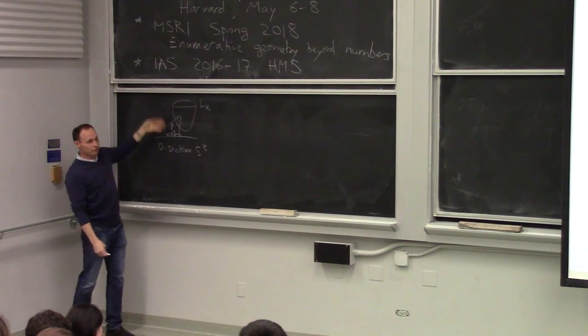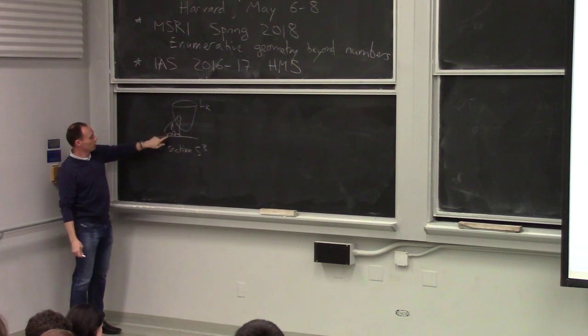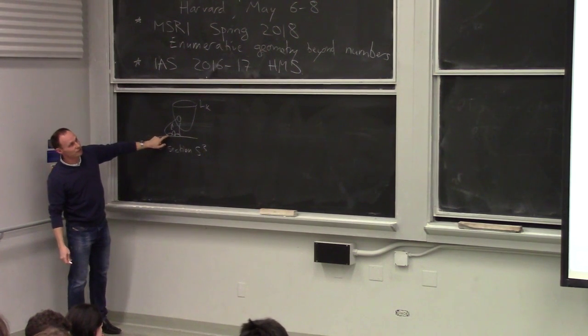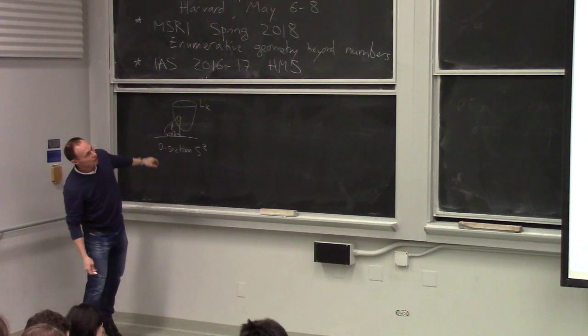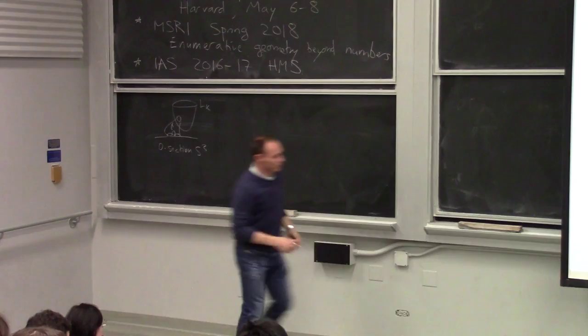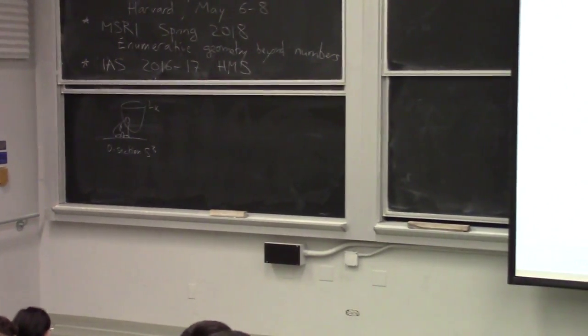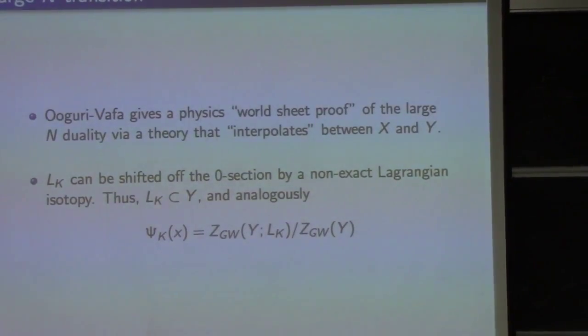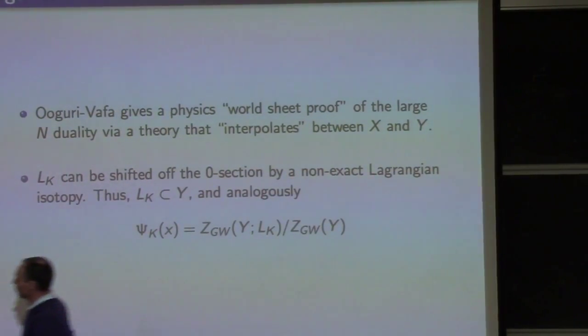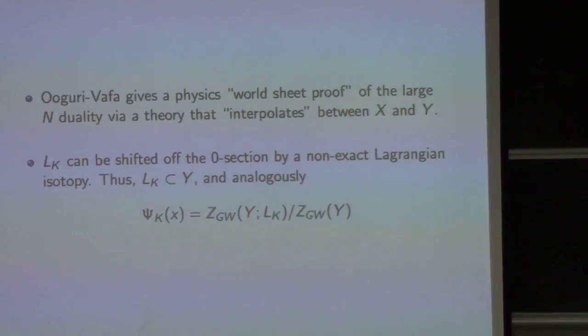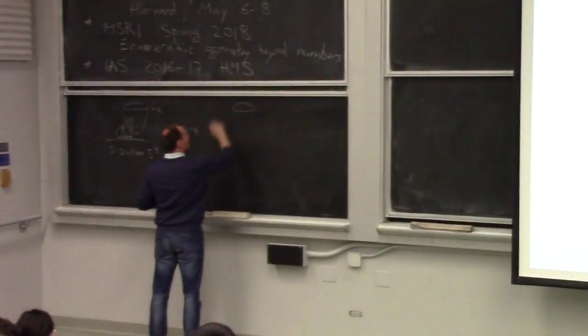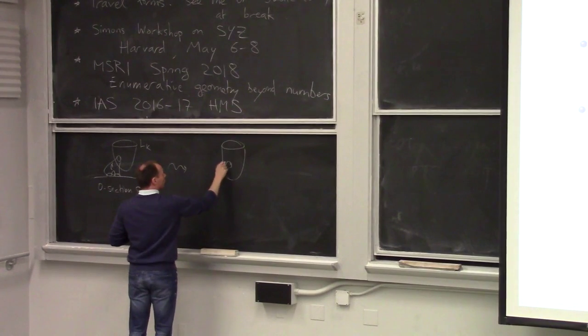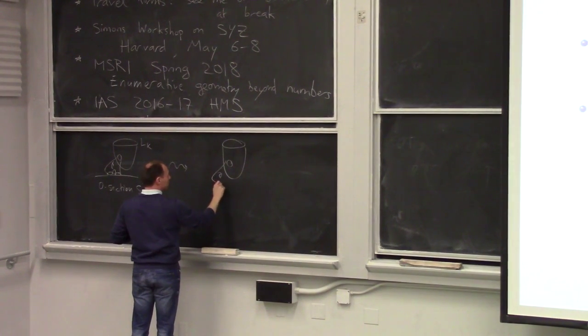Now this LK is far away from the zero section, so following this physics reasoning, we would say that all the boundaries on the zero section close off. So this goes over to the following, where this is now a closed curve.